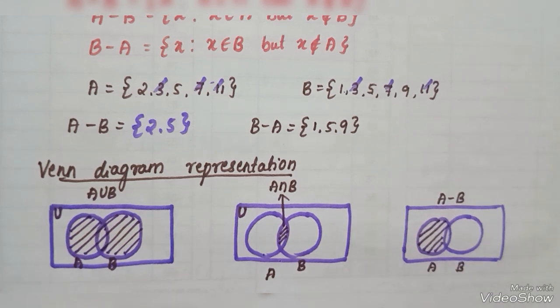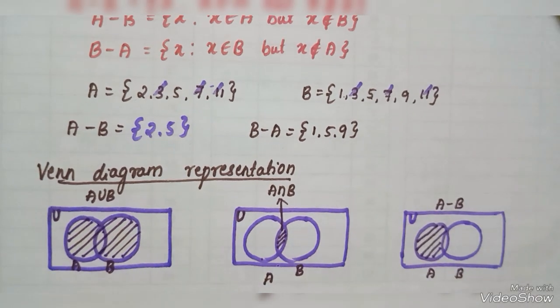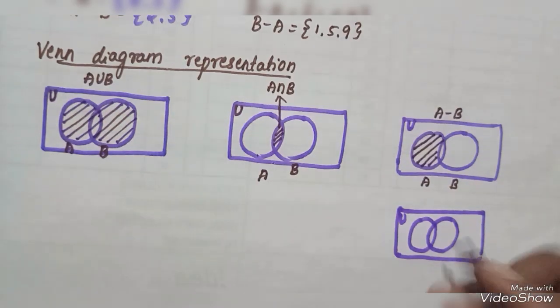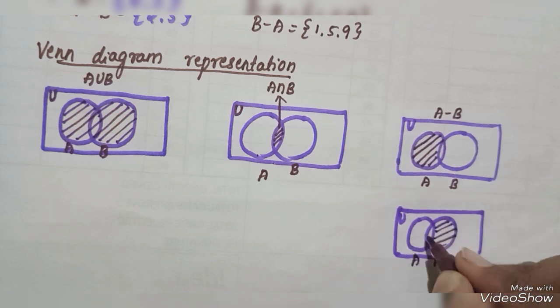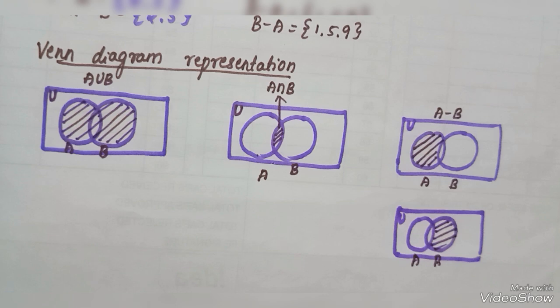Here this is B minus A. Universal set. B minus A is the elements which are present in B only. This represents B minus A.